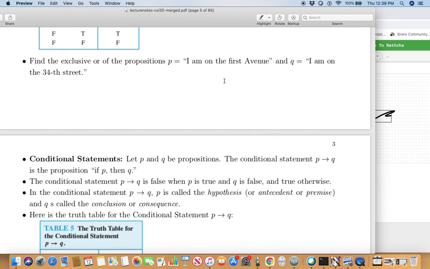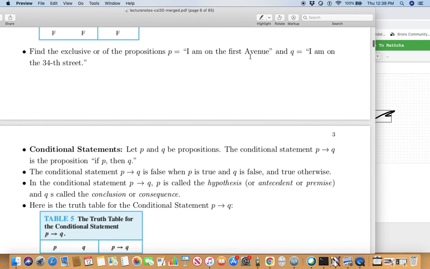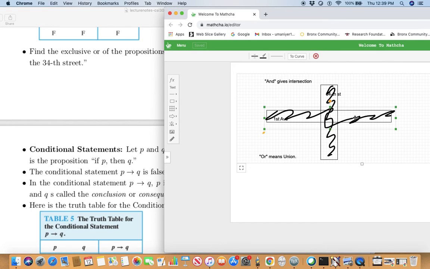What is the exclusive or of the propositions: I'm on the First Avenue and I'm on the 34th Street? So this says exclusive or. That means I'm not allowed to be on the intersection. So I am on the First Avenue or, exclusive or, I am on the 34th Street, but not both. So that is to be excluded, hence the name exclusive or.